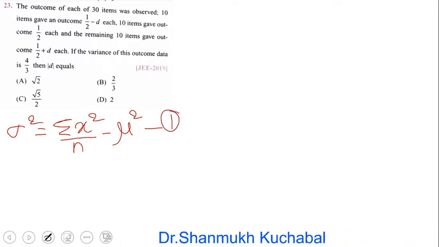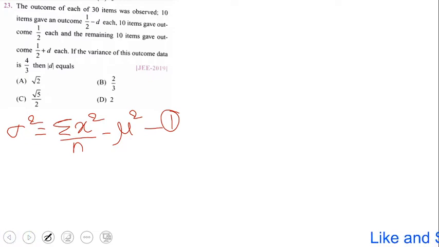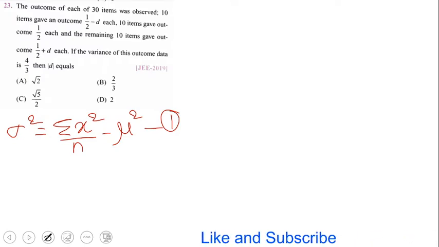Now we will calculate the value of mu, then the value of the summation of x^2, then substitute in equation number 1 and get the variance, and then we will find the value of d here. Okay, variance is given in this example.